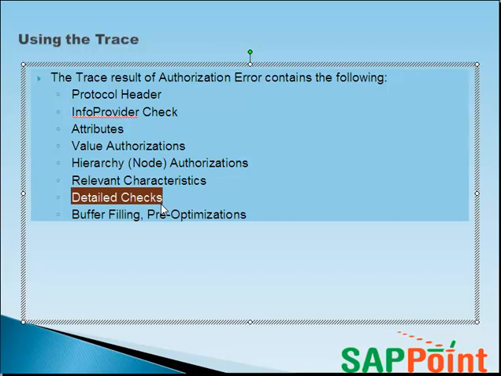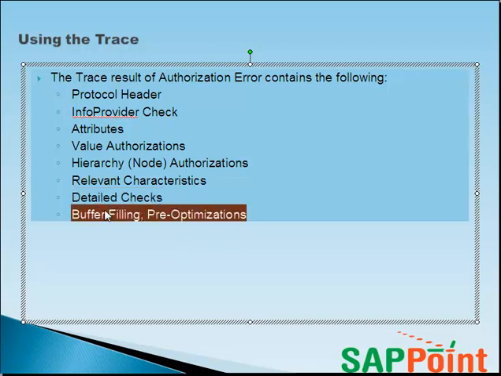And this structure will reflect several subsections of checks which may fail individually. The last section that you have is the buffer filling and pre-optimizations.